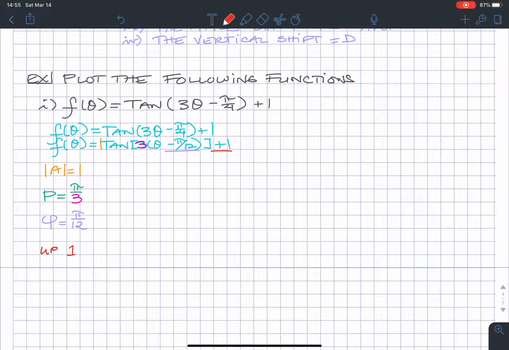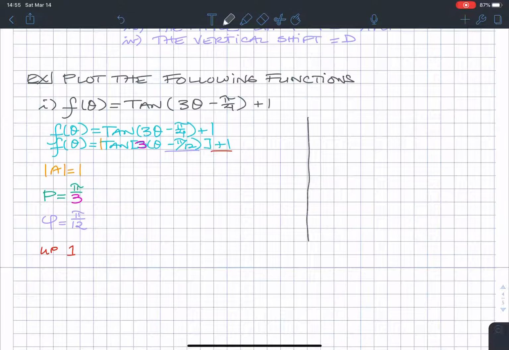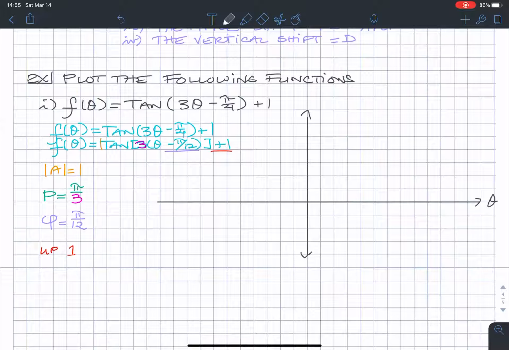Okay, so let's see what we can do here. Theta versus f of theta coordinate axes. And actually, let me move that line down 1. So theta, f of theta, we have 1, 2, 3, 4 quadrants. Amplitude is 1.